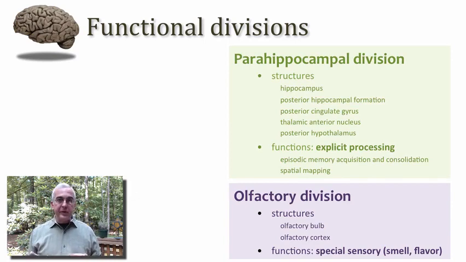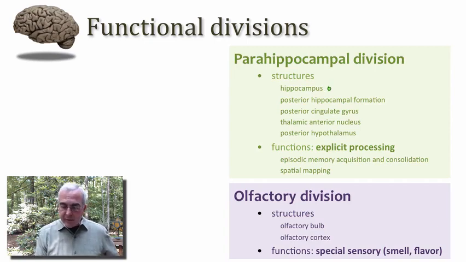Now, the circuitry of the hippocampus was really a hot topic of investigation in the mid-20th century, and one of the leading anatomists and physiologists that advanced understanding of this part of the brain was James Papez. And some of you may be familiar with the concept of Papez circuit as being integral to the structure and function of a limbic system. Well, much of Papez circuit actually pertains to what I like to think of as this parahippocampal division of the limbic forebrain.